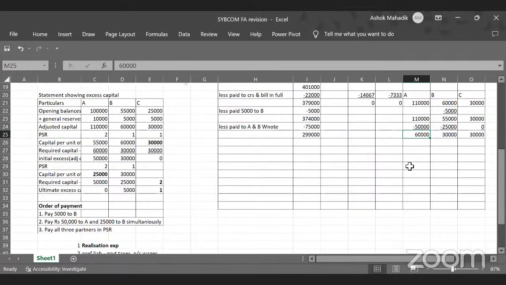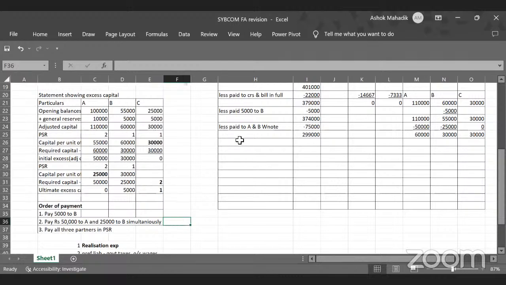So you can see 60, 30, 30 is 2 is to 1 is to 1, which is your PSR. After following the second order of payment, the remaining balances will be in PSR. Now all the values henceforth will be in PSR only.